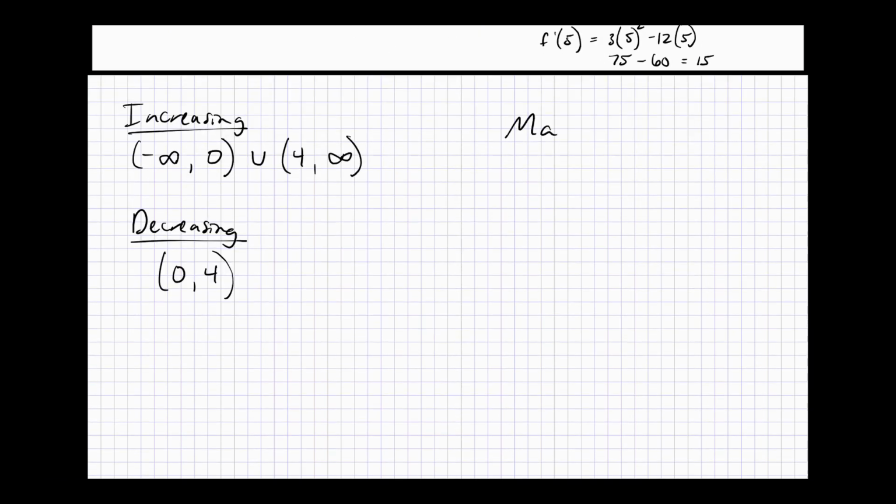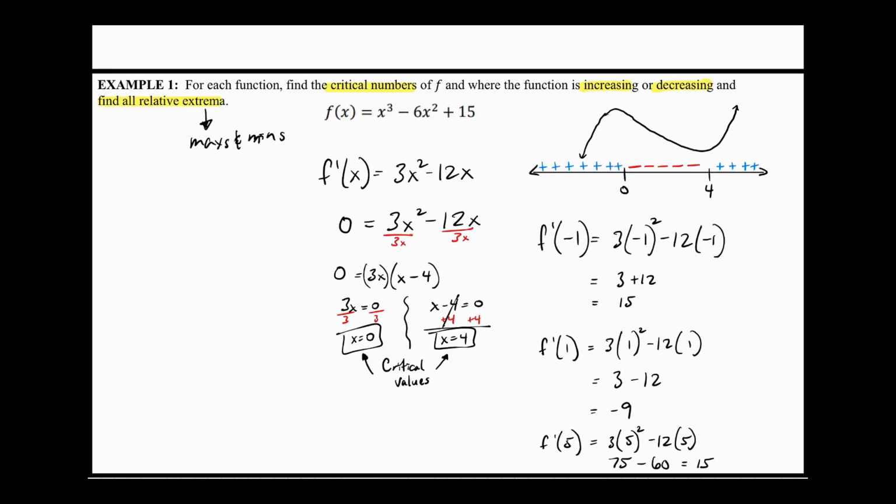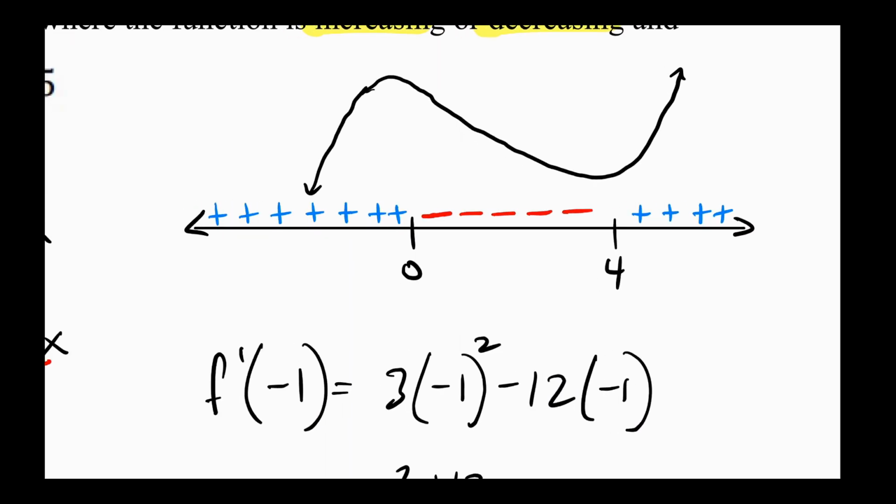So let's say max. Well, the easy thing is we've already done the hard work. We just got to label. So we know it's increasing before 0, decreasing after 0, and then at 4, it changes back to increasing. So that's why I kind of draw a picture. Is this what the function looks like? I have no idea. But it gives me a visual to see what questions I'm going to ask.